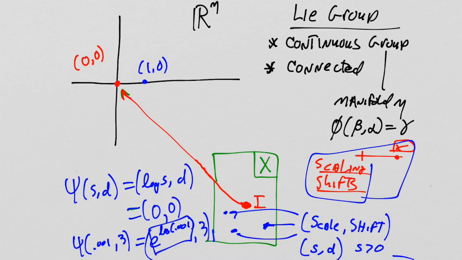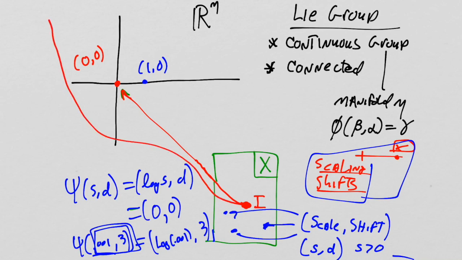What am I doing? I'm not doing e to the log, right? I'm just doing log. Sorry. It goes to log of 0.001. So this scale and shift gets plotted to a negative number for the x-axis somewhere, and then 3, right? It'll be at log of 0.001 and at 3, right?